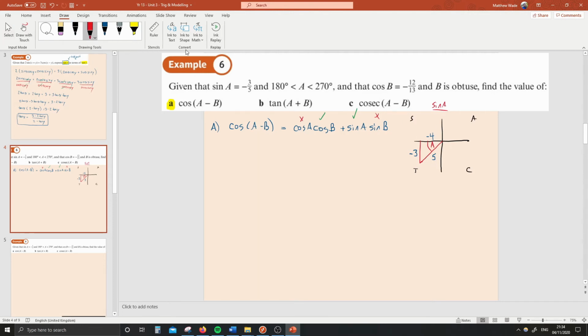Cool. We're going to do the same on cos B, though. So here we go. Cos B. Now, for the cos B one, we're going to Sex and the City this thing up again. Your textbook doesn't do it this way, but your textbook's silly. What it tells us about this B one is that B is obtuse. That means it's more than 90 but less than 180.